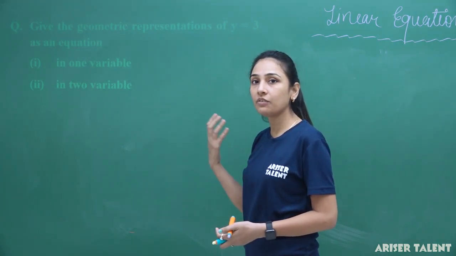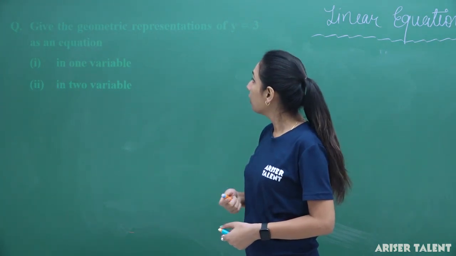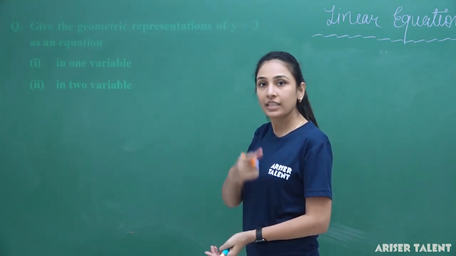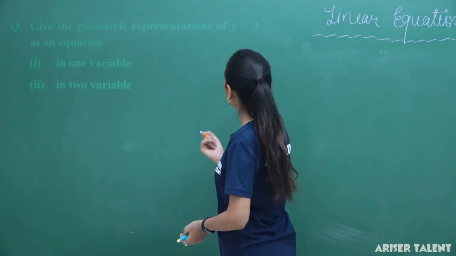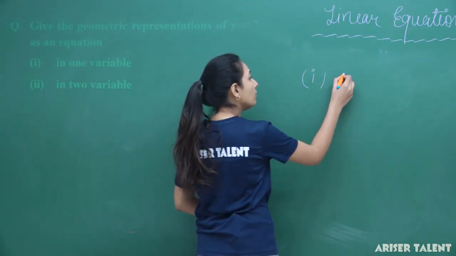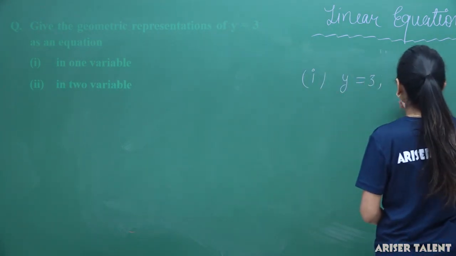If you are having an equation in one variable and you are going to represent it geometrically, you need not have two axes at all. Your one axis will work. So first part is y equals to 3 in one variable.